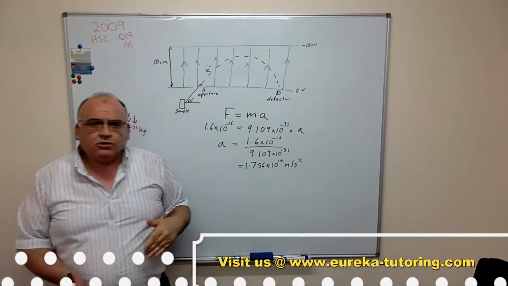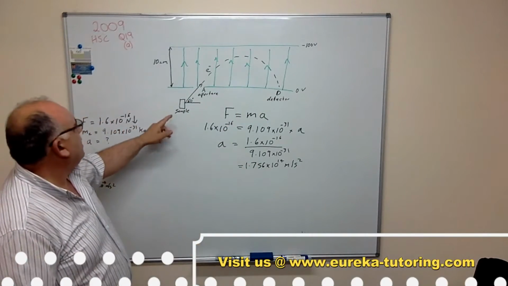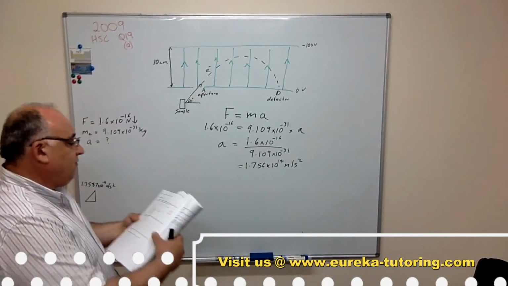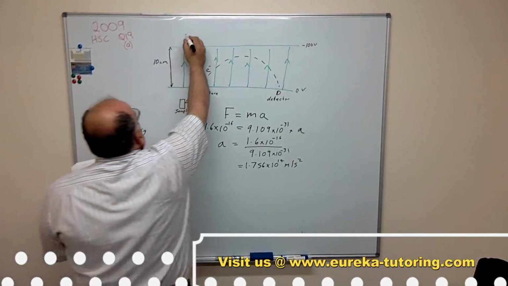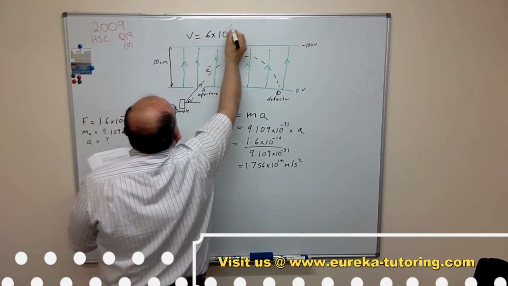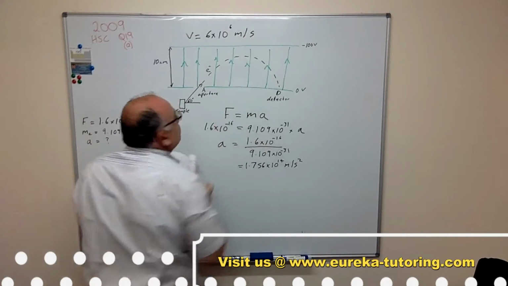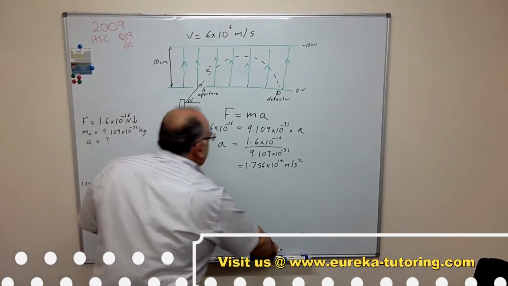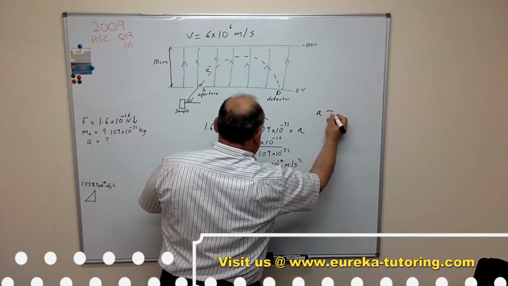Now this is projectile motion, and we have it coming out at 60 degrees with a velocity of 6 times 10 to the 6 meters per second. Projectile motion is a compound motion, so I'll just write the acceleration here.